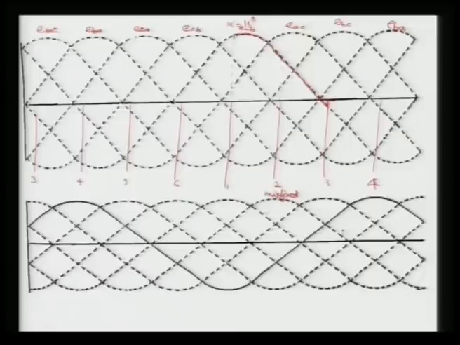So, you can see now in the conduction pattern, during this period 6 and 1 are conducting till here. The commutation between 1 and 3 will be over, and 3 and 6 will be continuing during this period. You can say the output voltage here.